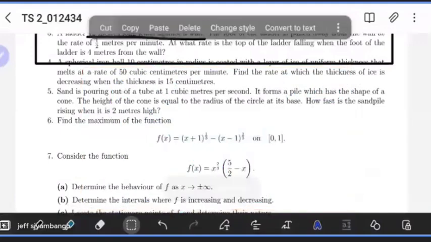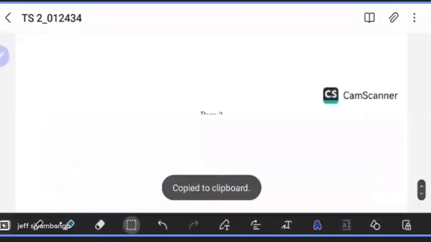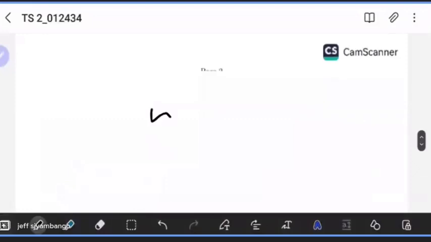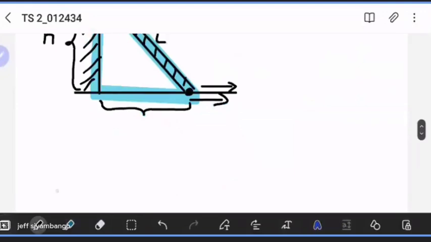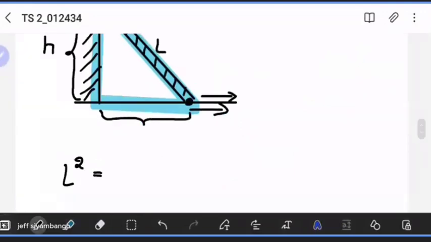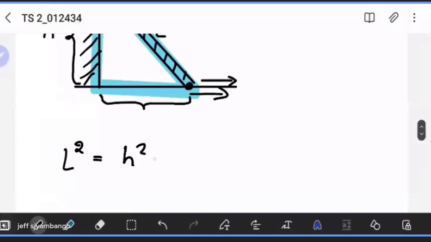We'll get this. And let's bring this down here. So by Pythagoras theorem, the longest side, which is L squared, will be equal to the height squared plus the base squared. So this is our starting point.